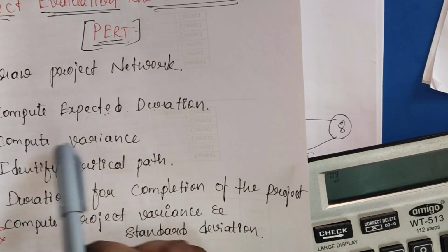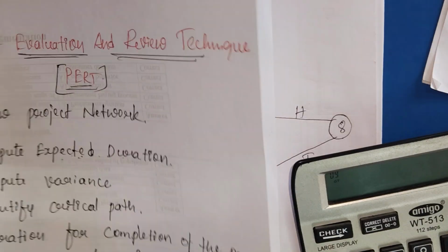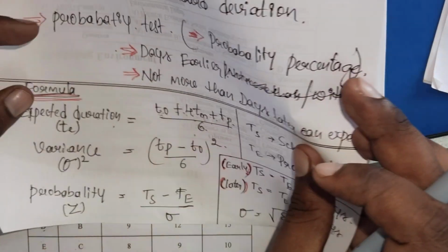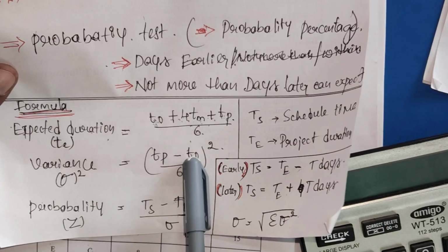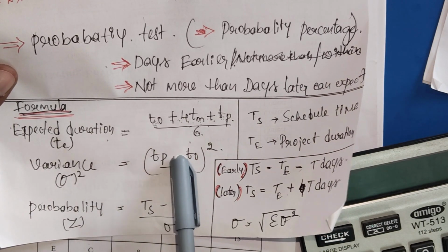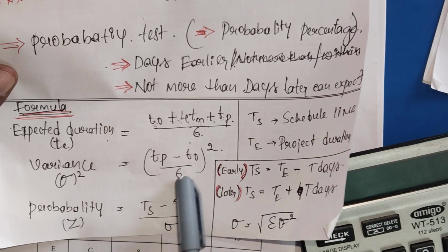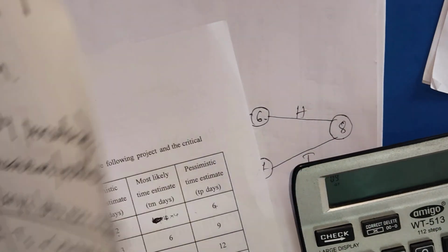Compute the variance. How are we going to calculate this variance? What is the actual formula? It is here: time pessimistic minus time optimistic, divided by 6, whole square. So where is that? It's here.